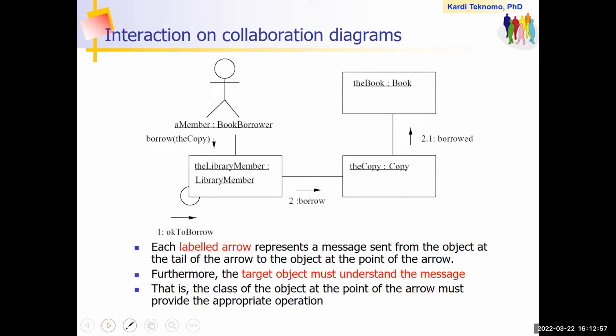Now I will show you with the interaction. You will see, now you put arrows. Number 1 is okay to borrow or not. Number 2 is to borrow, and then the book has been borrowed. So the label of the arrow here represents the interaction in the collaboration diagram.